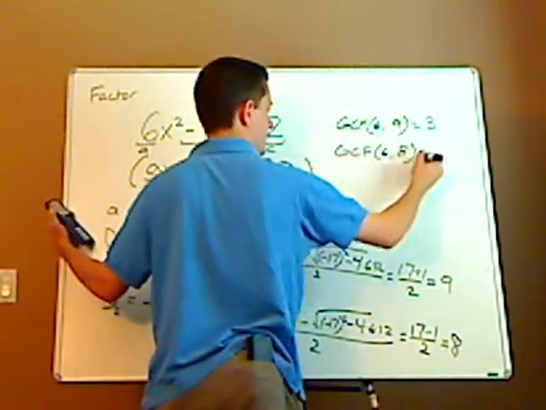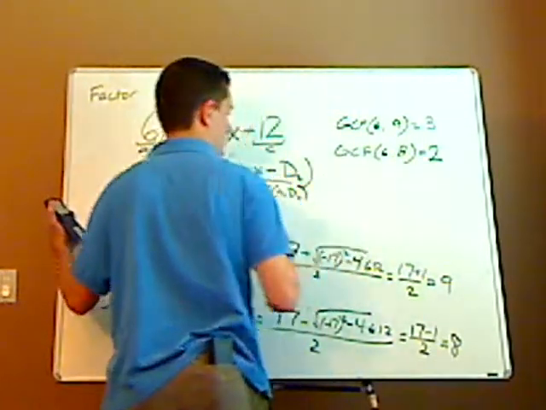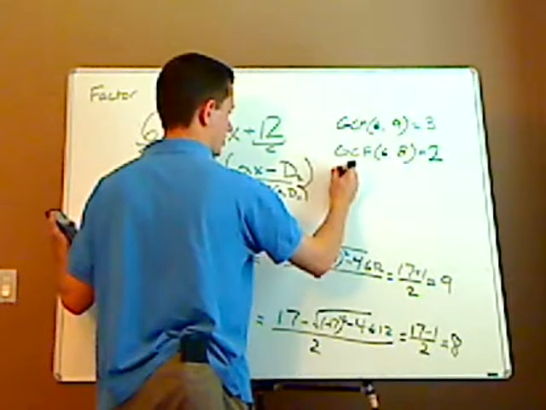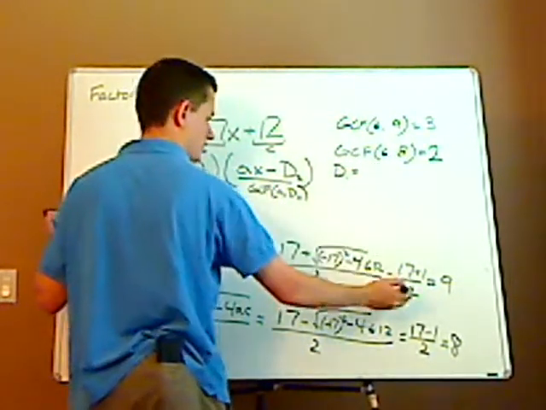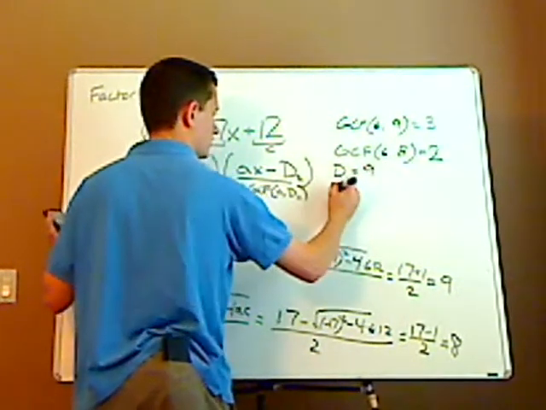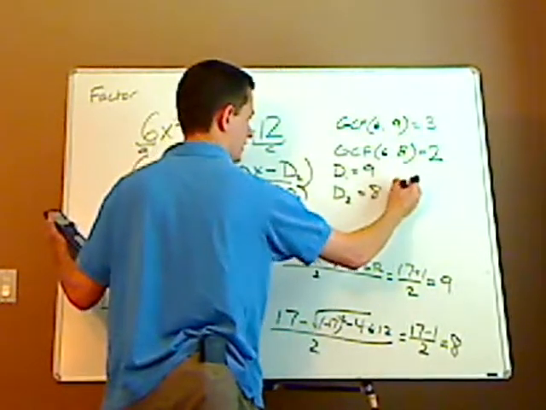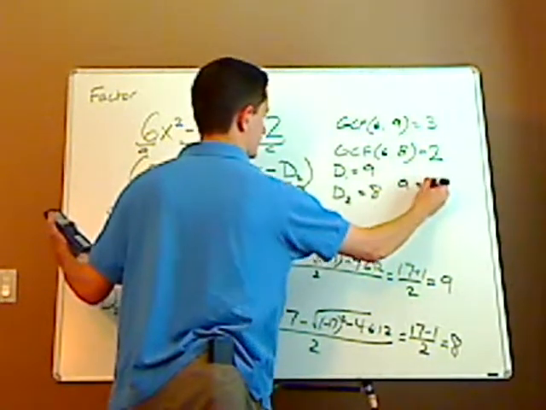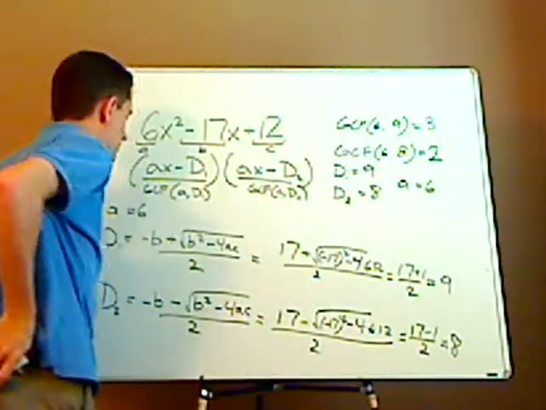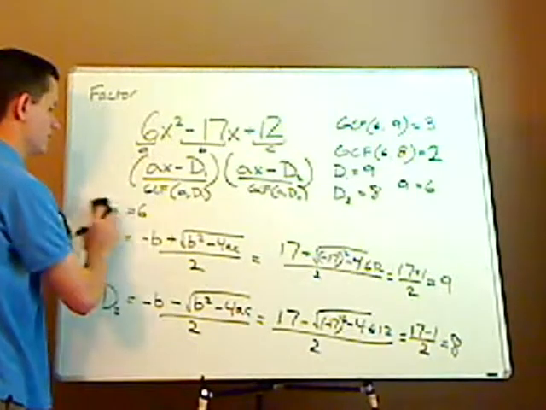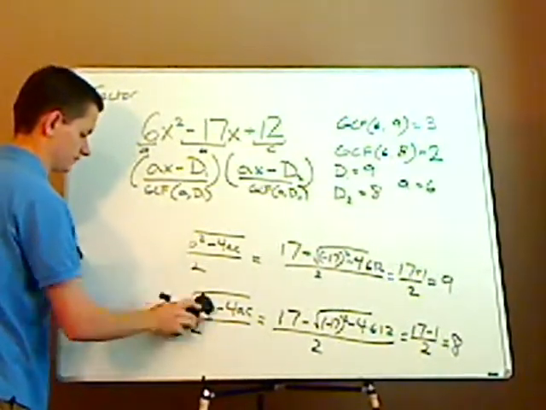And for 6 and 8, it's 2. That's the GCF. Now, let me just put everything over here. So D1 equals 9. D2 equals 8. And A equals 6. The next thing I want to do is plug everything in that needs to be plugged in.